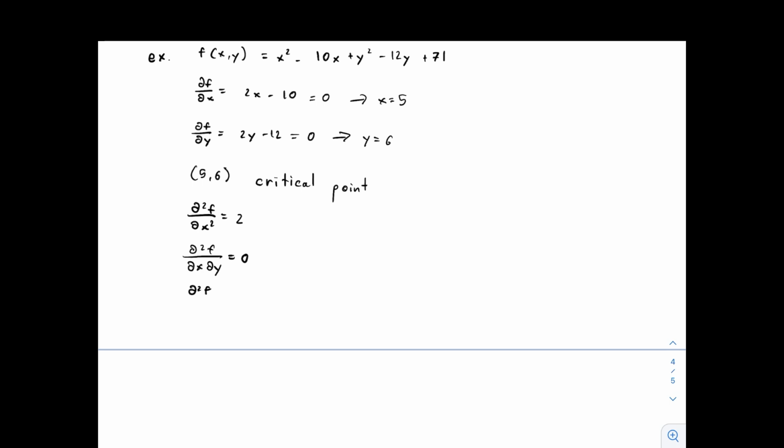The second derivative of f dy dx, the partial derivative with respect to y of this here, is also going to be 0, which holds by the equality of mixed partials, and that makes sense. And then finally, d squared f dy squared is 2. We can find our Hessian matrix is this one right here.